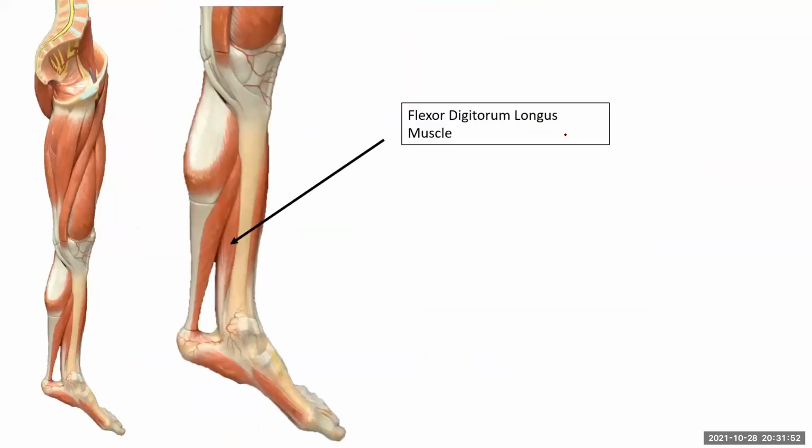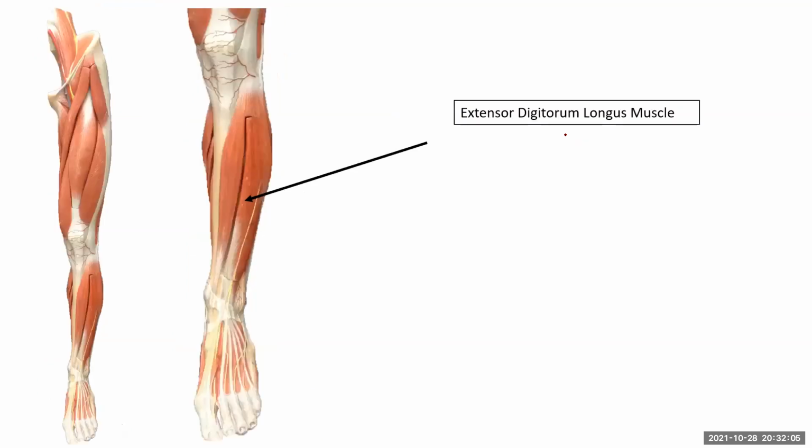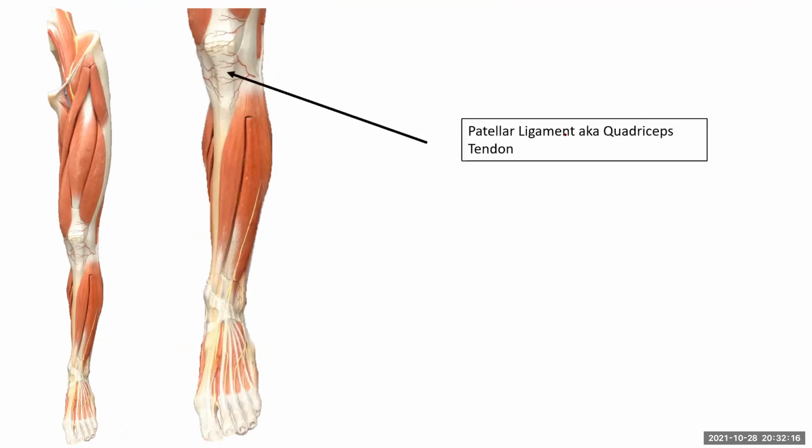You can see flexor digitorum longus on this medial view here. That is deep to soleus. Then we have extensor digitorum longus here. It's going to be more lateral to tibialis anterior. And then the last one you need to know is the patellar ligament, also known as the quadriceps tendon.